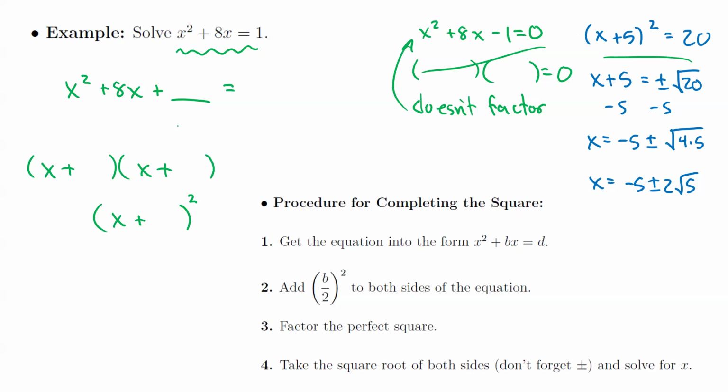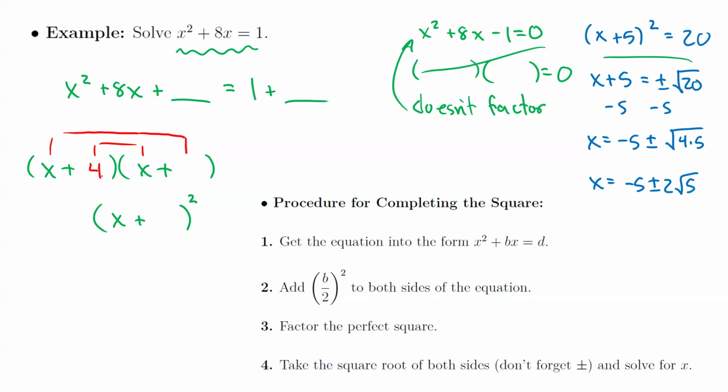Okay. All right. Well, if we can figure that out, the first thing we should note is if we do add something to this left side, that's only fair if we also add the same exact thing to the right side. So what do we add? Well, let's think about the fact that because of FOIL, the inside and the outside would have to add together to make 8x. Well, how are the outside and the inside going to add together to make 8x?